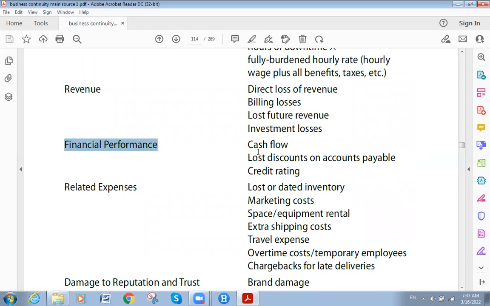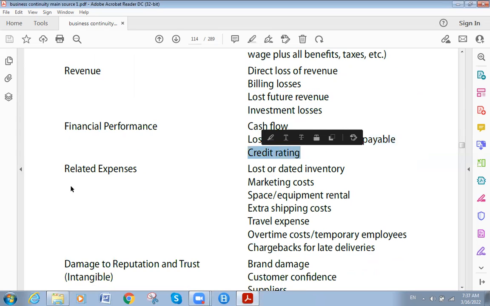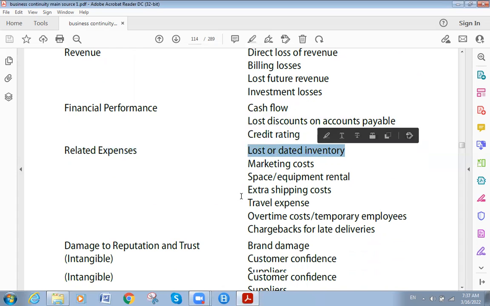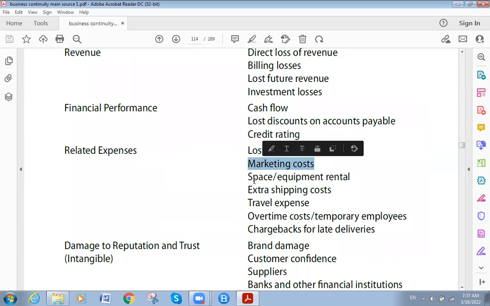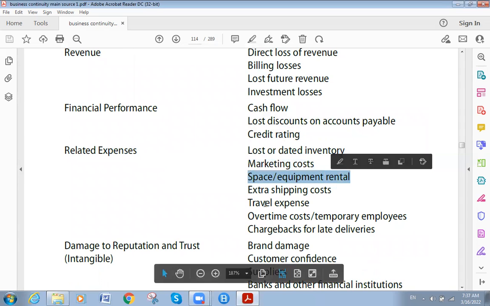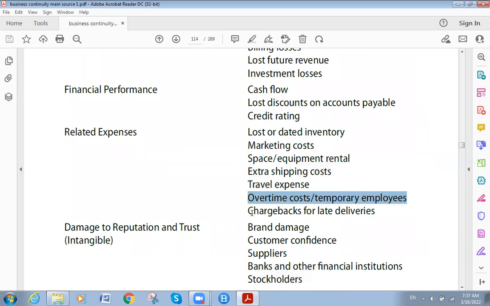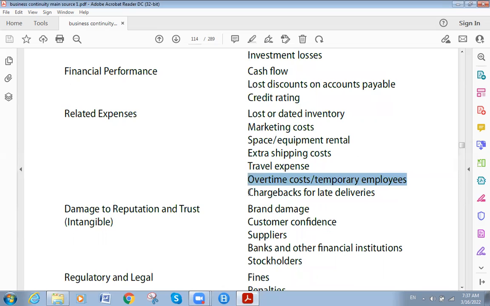Financial performance, like the cash flow, lost discounts on accounts payable, credit rating. Related expenses, like lost or dated inventory, marketing costs, space or equipment rental, extra shipping costs, travel expenses, overtime costs, and chargeback for late deliveries.